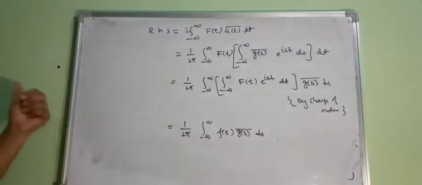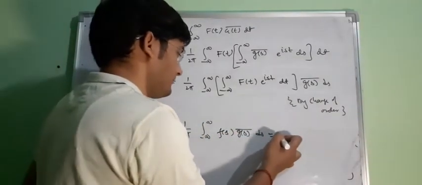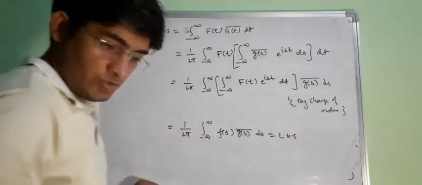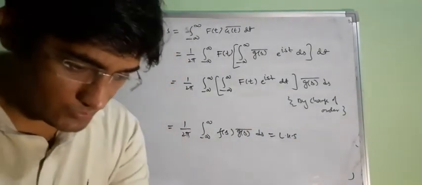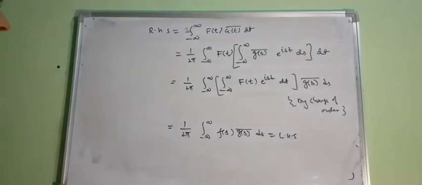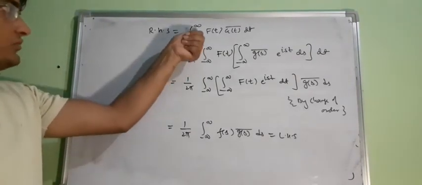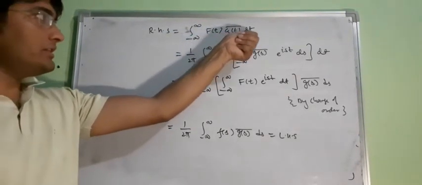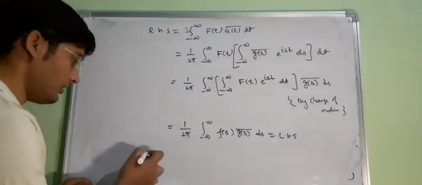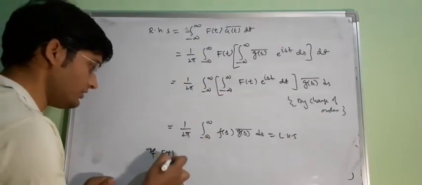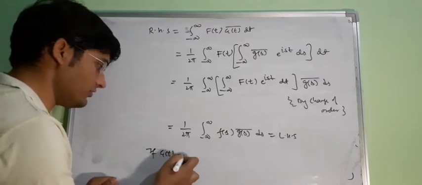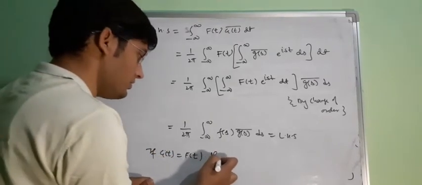That means this was your left hand side. So the integral from minus infinity to infinity of f(t) g(t) bar dt is equal to this term. Now if f(t) equals g(t), then we will get the second result.